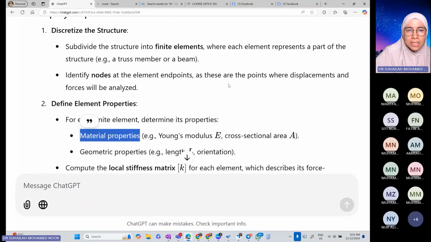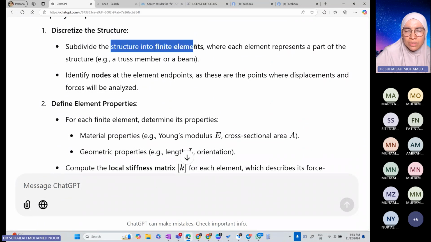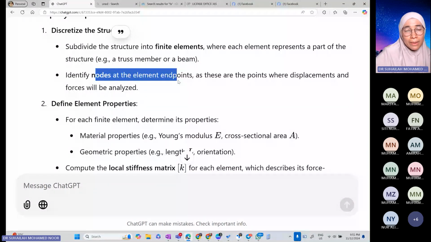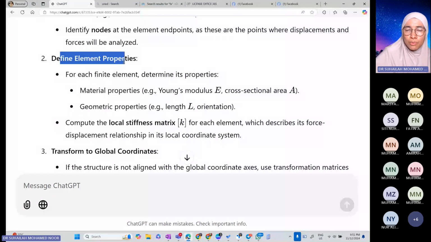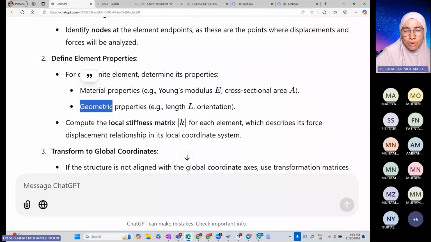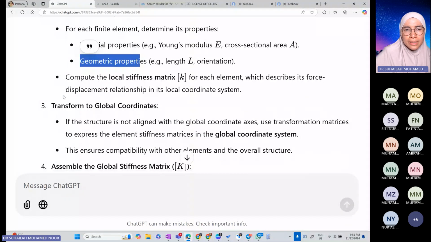Okay, so step tadi tu, kita divide structure into element. Endpoint adalah nodes. So one element tu ada dua endpoint. Hujung-hujung tu adalah nodes. Lepas tu kita kena faham the properties, the material properties and the geometric properties. And then we will compute the stiffness matrix.